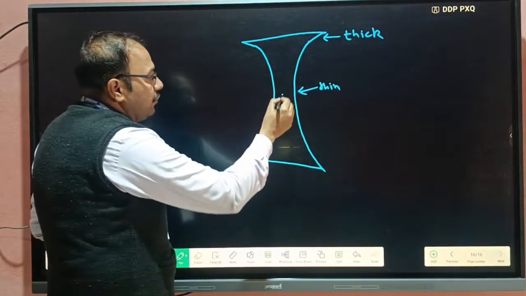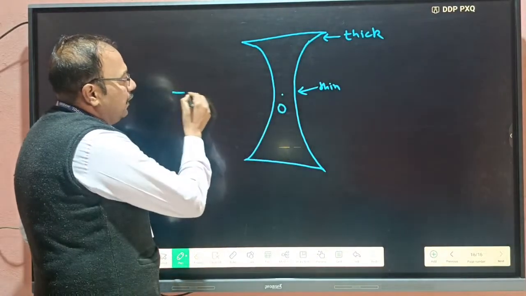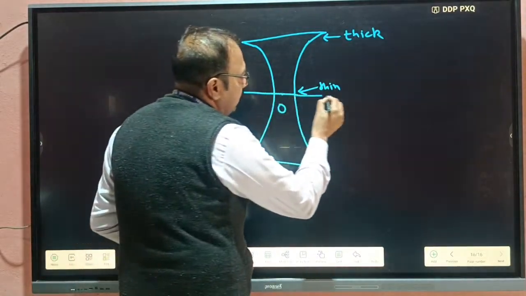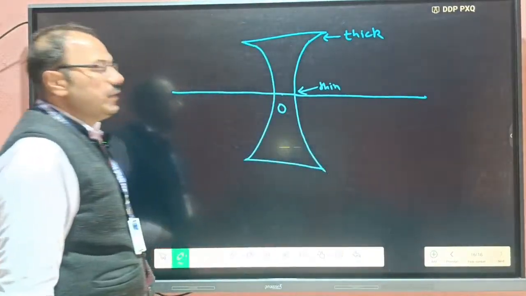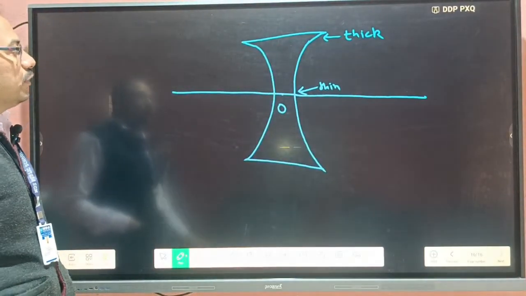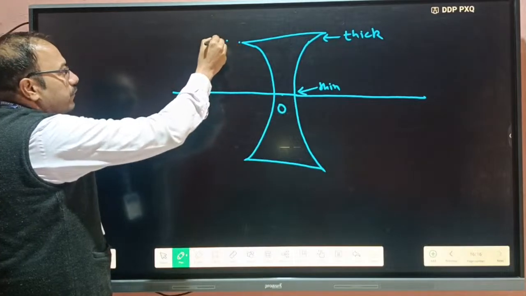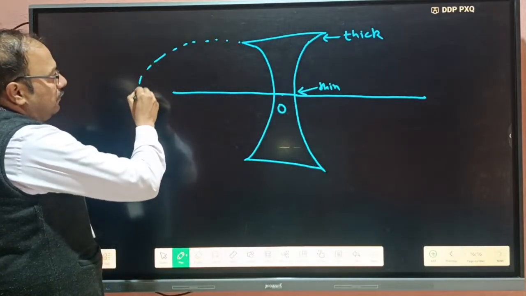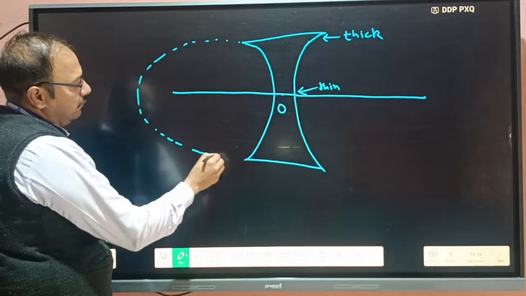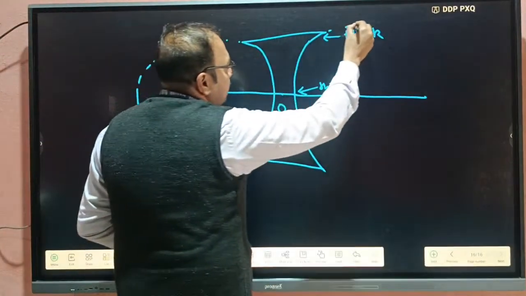Here we take the optical center and draw a principal line, the principal axis. This also consists of two spheres. This is the first sphere, and this is the second sphere.